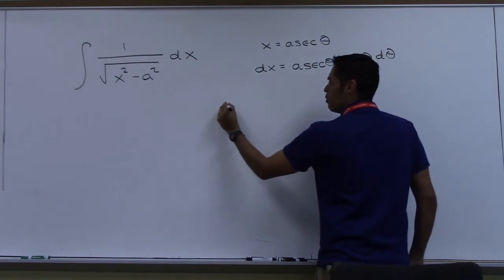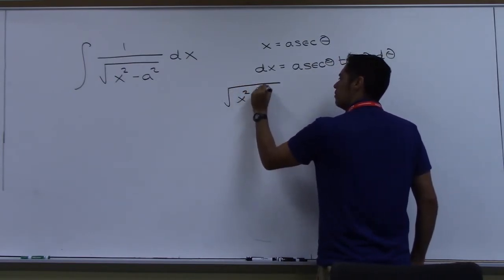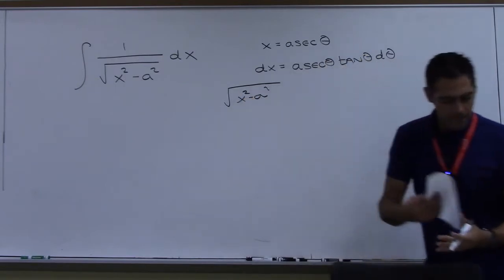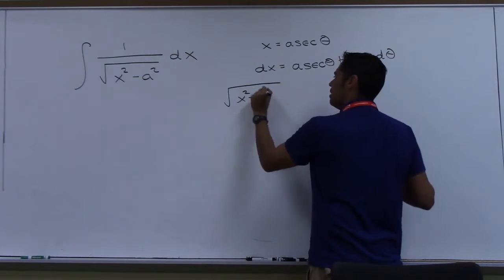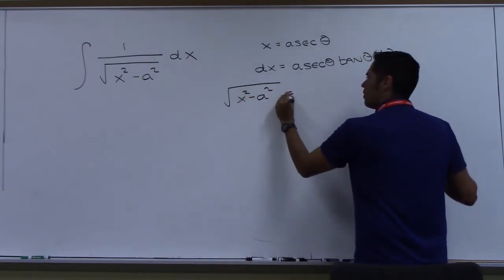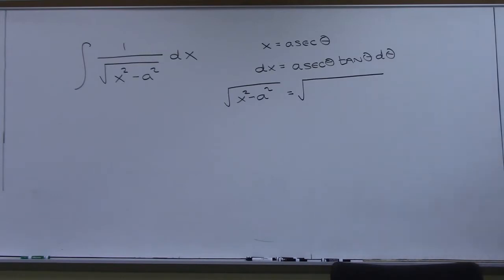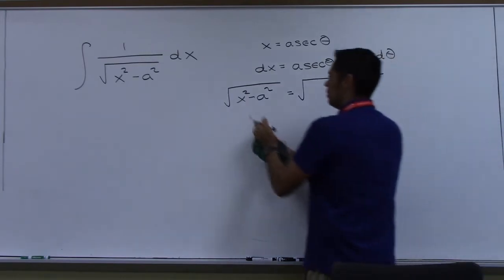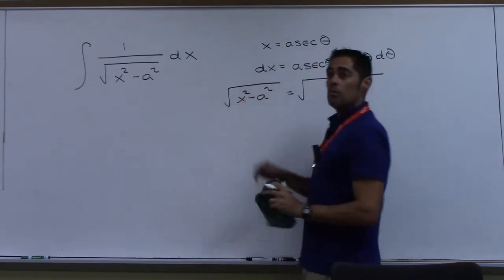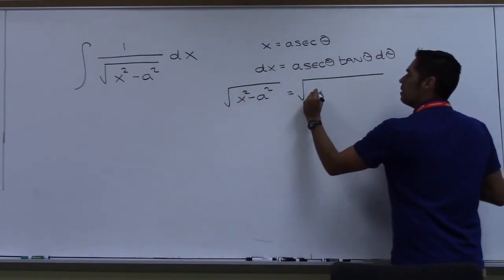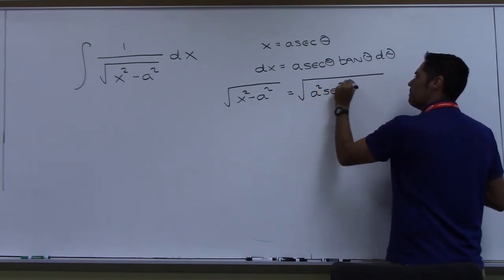And then the root part, right? x squared minus a squared, which for us turns out to be, now let's switch to someone else at the table. a secant theta squared. Okay, a secant theta squared, so is it all right if I write it a squared secant squared theta? That good?